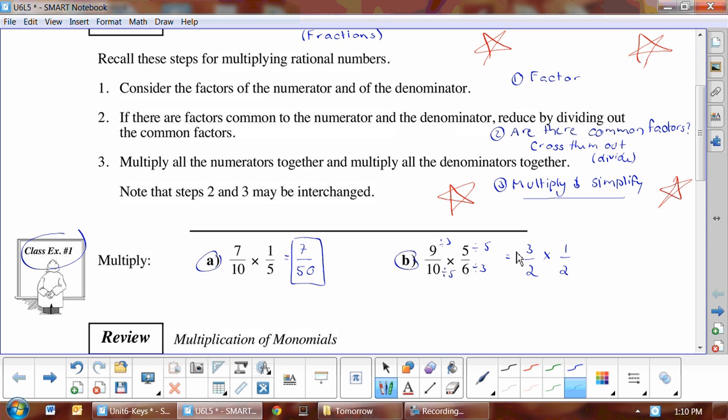That's what I was saying before when I said multiply and simplify. You can technically go, 9 times 5 is 45 over 60, and then simplify there. But this is a really easy question, right? If this was a more complicated question, the more work you can cancel out at the beginning, the easier your life is. So we get the 3/4.